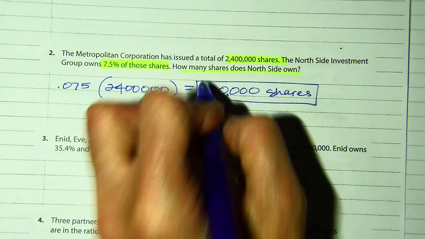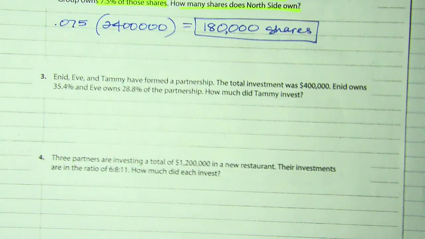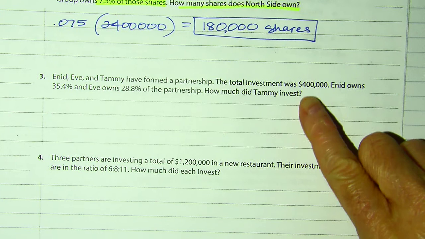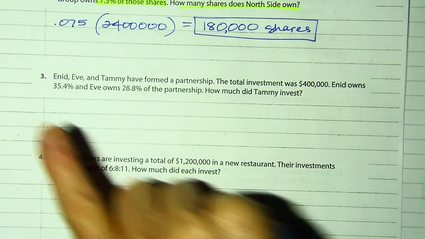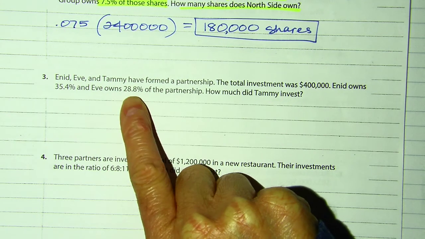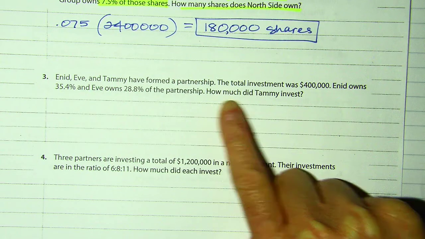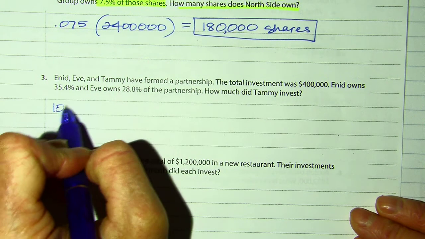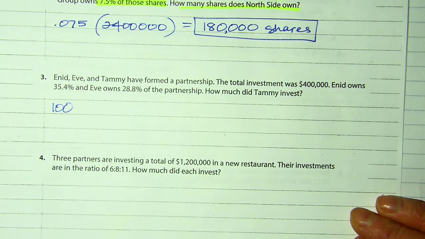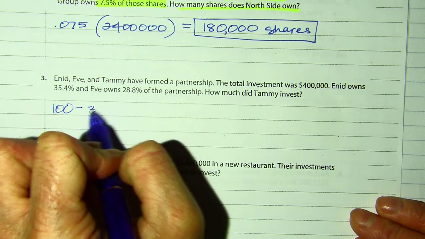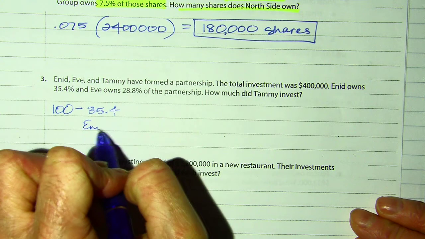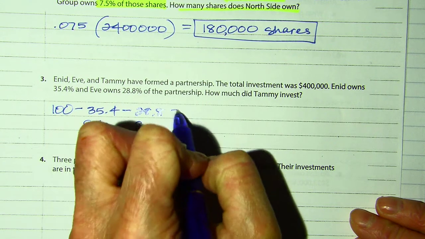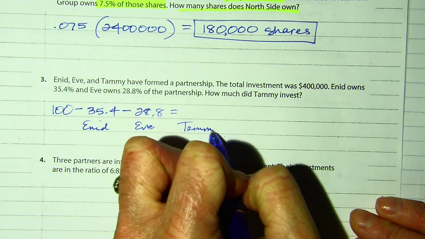All right. Enid, Eve, and Tammy have formed a partnership. Their total investment is $400,000. Enid owns 35.4% and Eve owns 28.8%. How much did Tammy invest? Well, first we have to figure out what percentage. So I'm going to take 100% minus Enid's, minus Eve's 28.8, and that will give us Tammy's percent.